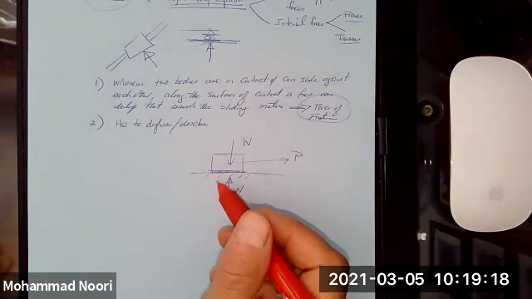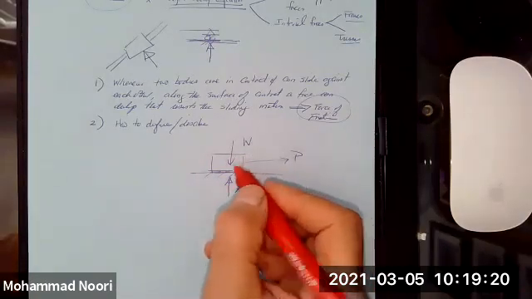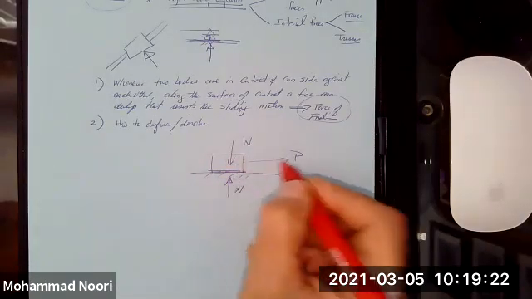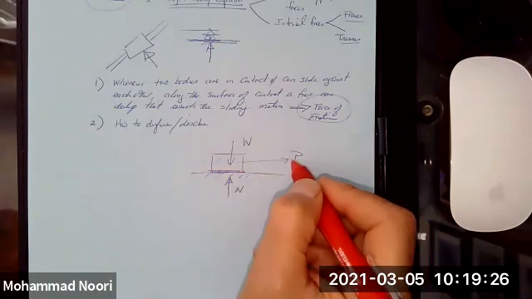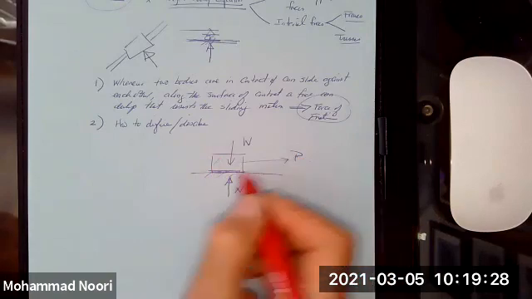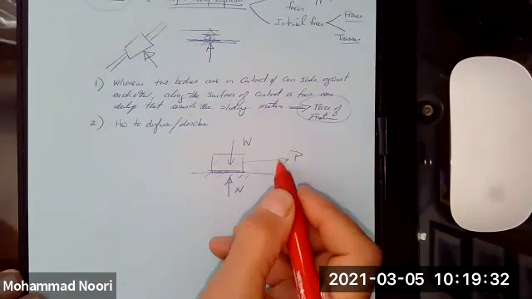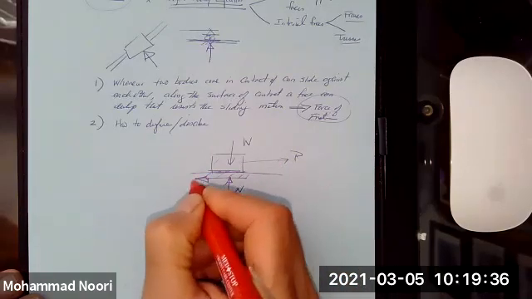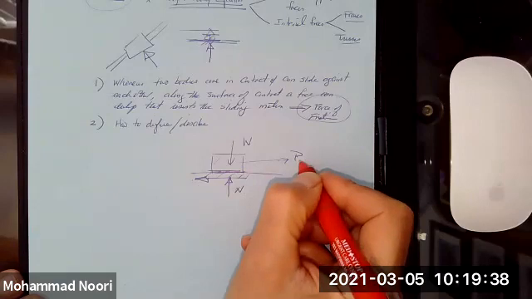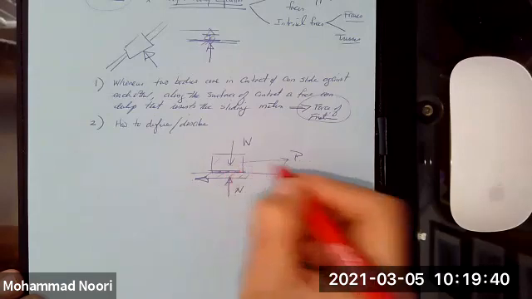Now, as you start trying to move this object by exerting this force, in resistance to that, a force develops in the opposite direction of the potential motion.